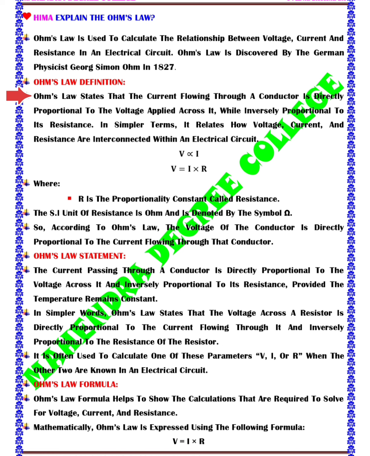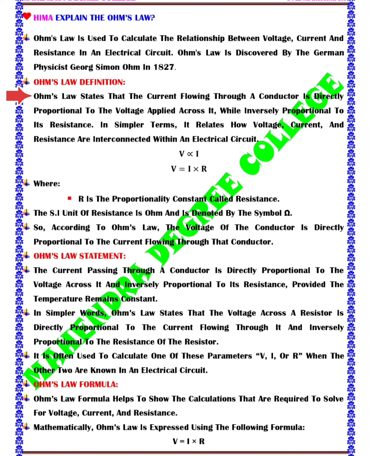Hence, according to Ohm's law, the current flowing through the conductor is directly proportional to the voltage across the circuit, that is, V is directly proportional to I. Thus, as Ohm's law provides the basic relation between the voltage applied and current through the conductor, it is considered the basic law which helps us in dealing with electric circuits.